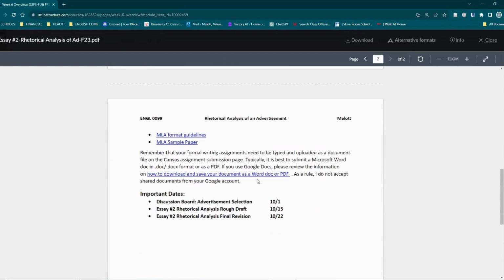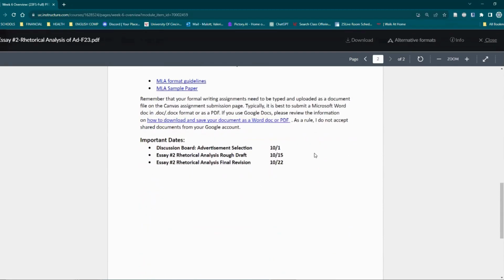So let's take a look at the important dates. First and foremost, you need to select an advertisement. That advertisement can be either a commercial or a print ad. Excuse me. And that will be due on October 1st.